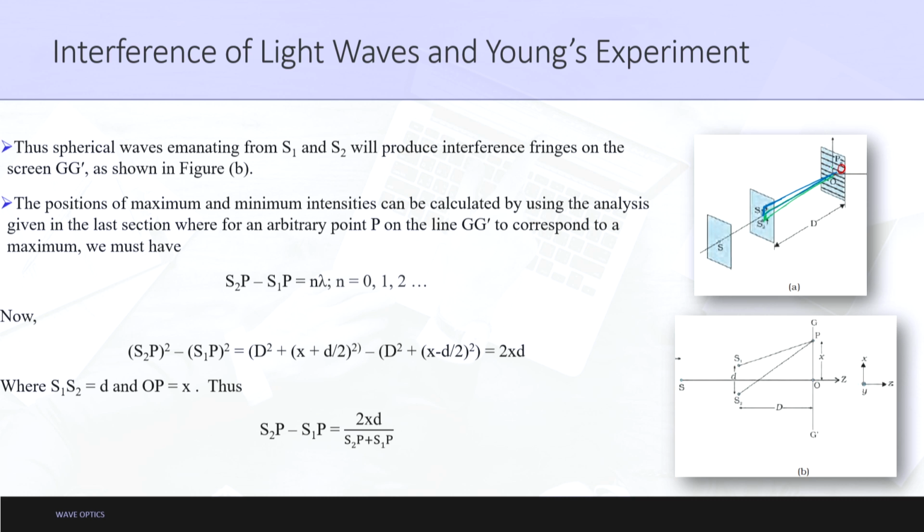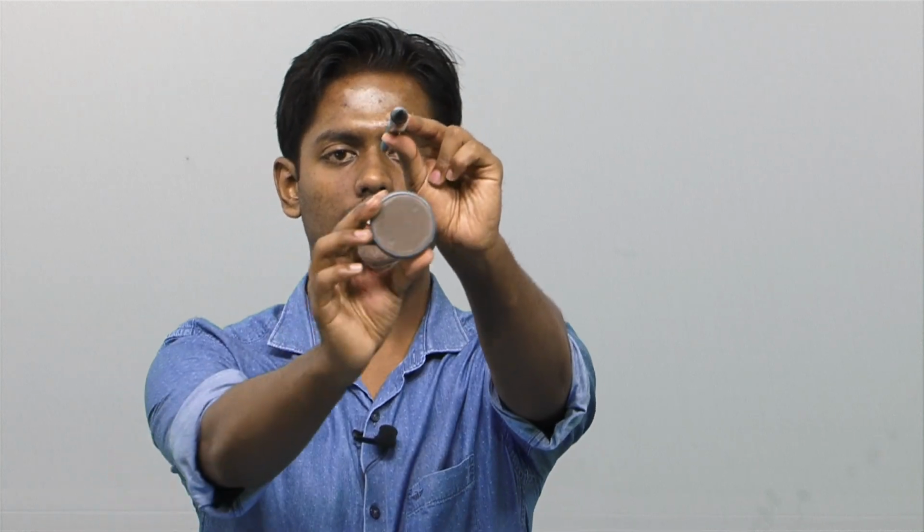As I explained in the last concept also, S1O and S2O are equal. Now, let us say this is the perpendicular to the plane of paper and this is the point O we are talking about. This is the source S1, this is the source S2, and O is in the center of S1 and S2.